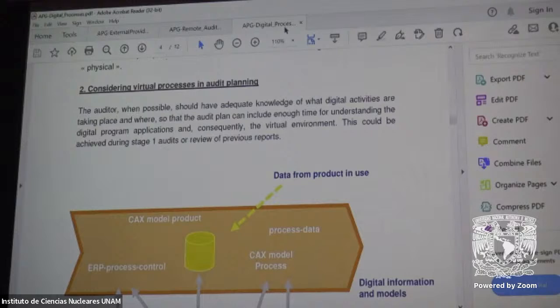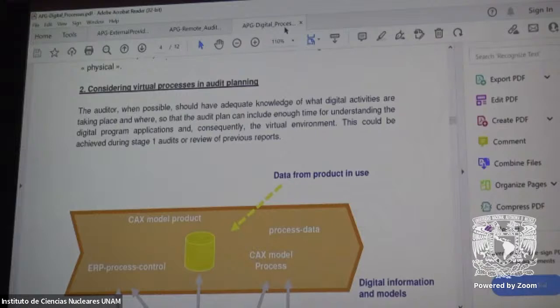The reason I've come down to this part in the diagram is the paragraph says the auditor, where possible, should have adequate knowledge of what digital activities are taking place and where, so that an audit plan can be developed.